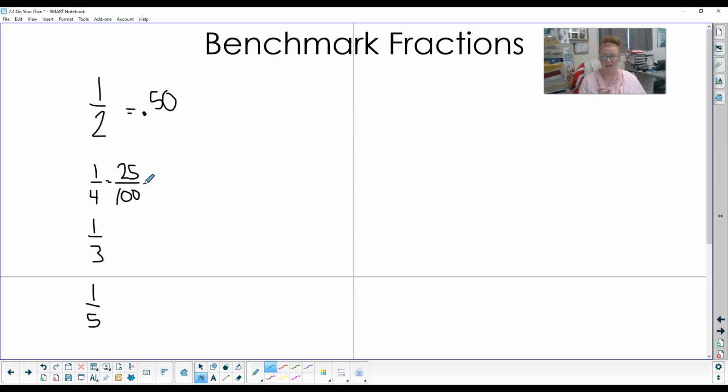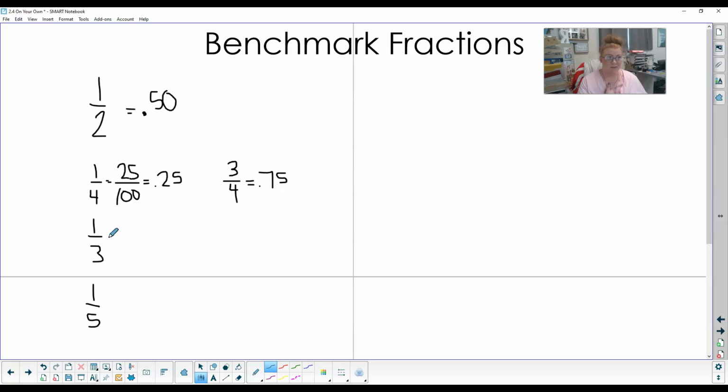So 1/4 is 25 cents, 25 out of 100. 25 hundredths, same as 1/4. If I have 2 quarters, that's half of it, that's 50 cents. If I have 3 quarters, that is 75 cents: 25, 50, 75.